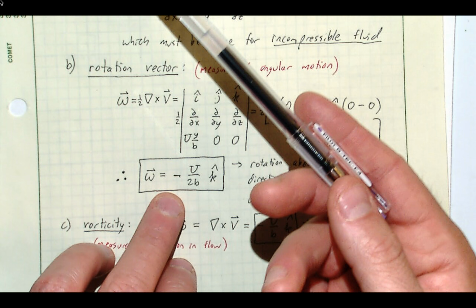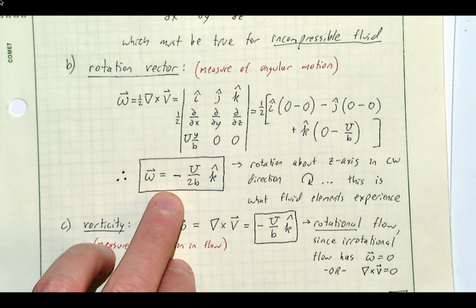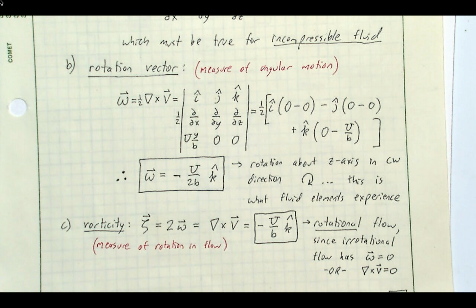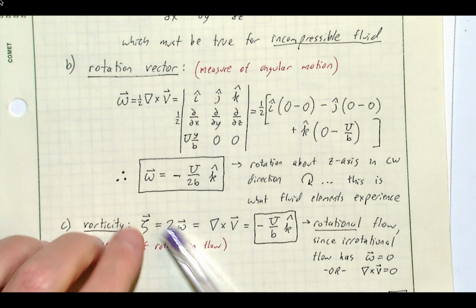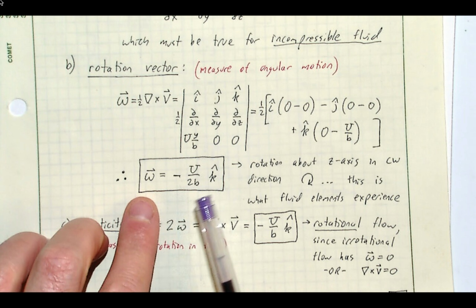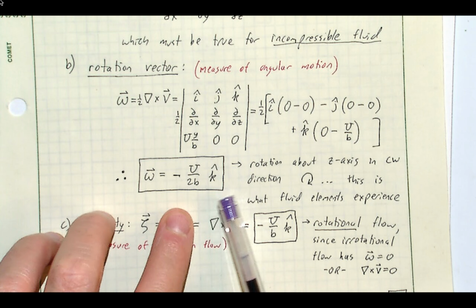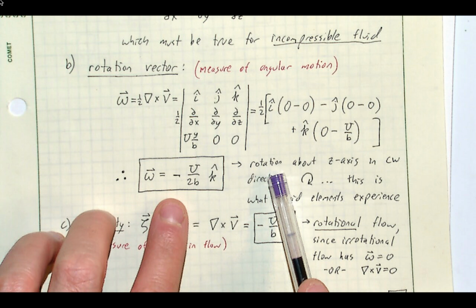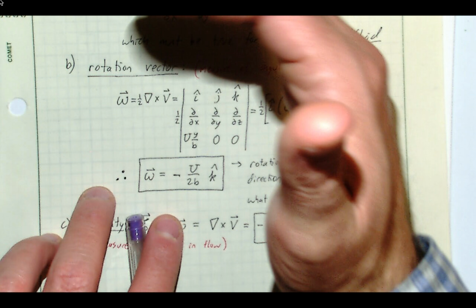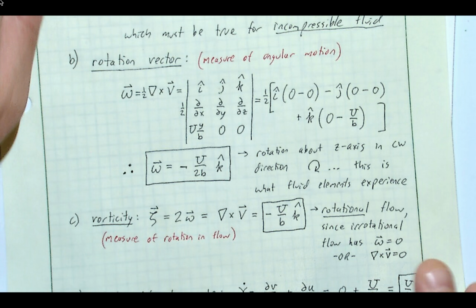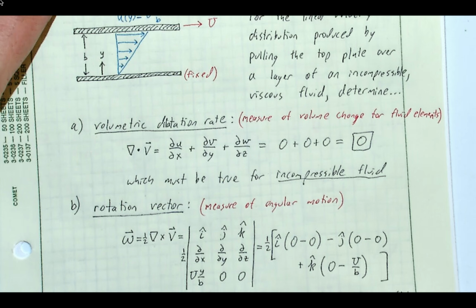Again, this is a 2D flow we're talking about here. Actually, it's a 1D flow, but changes in y, so it's really a 2D flow. So we only get rotation along the component coming out of the page here. And the negative sign means, so this would be a positive sign, but negative means your thumb actually points down, and you get rotation in a clockwise sense, and that's what the fluid elements experience.